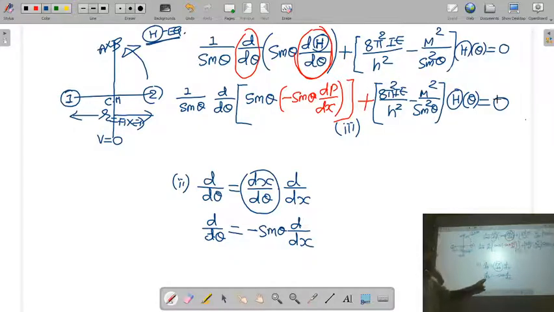Now in this step you have forgotten to put the value of d by d theta. So I substitute the value of d by d theta in this equation.